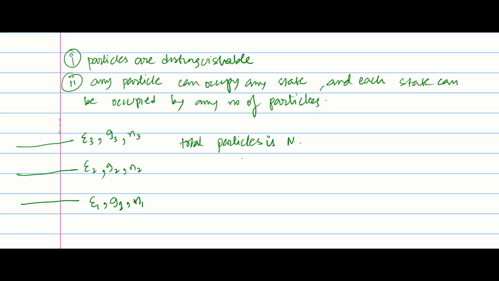First of all, in how many ways can we divide N particles in these levels? It should be N factorial divided by n1 factorial, n2 factorial, and n3 factorial and so on, which is N factorial over product of ni factorial. This is just a short form.